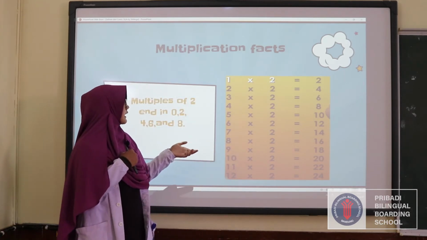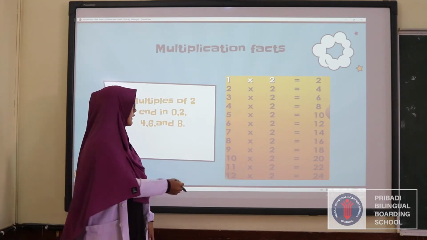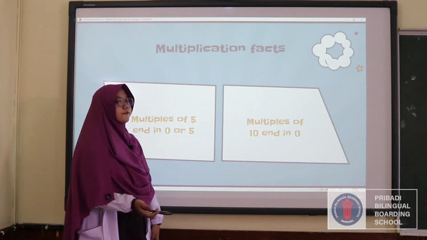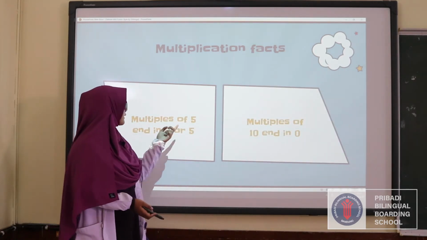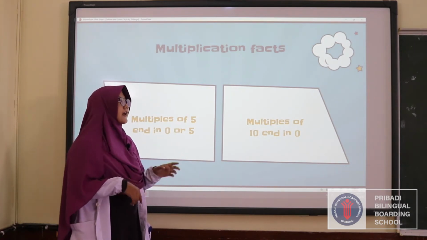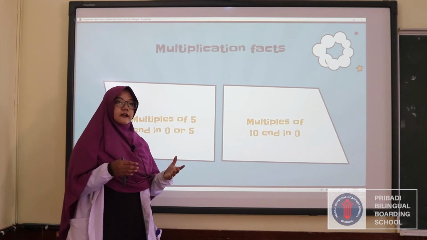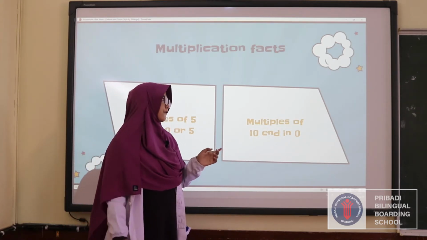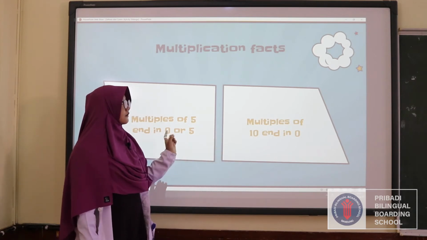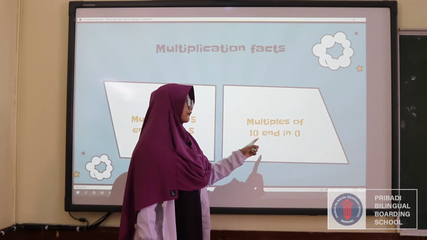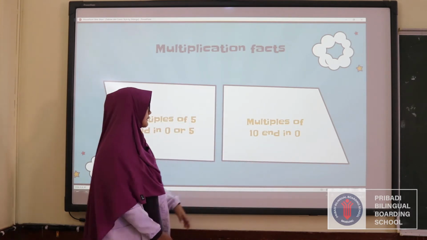That is a multiplication fact that you need to know. Here is another example of a multiplication fact. For example, a multiple of 5 will end in 0 or 5. Maybe you can check it in the multiplication chart that I already showed you before. And another multiplication fact is a multiple of 10 will end in 0 like that.